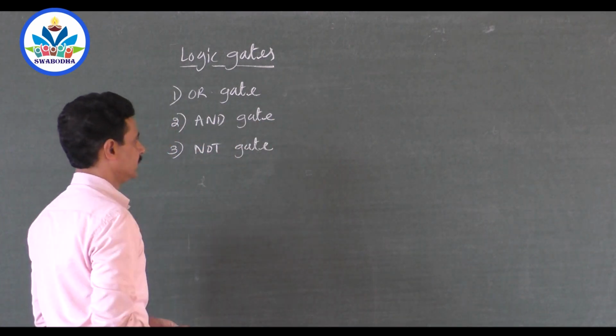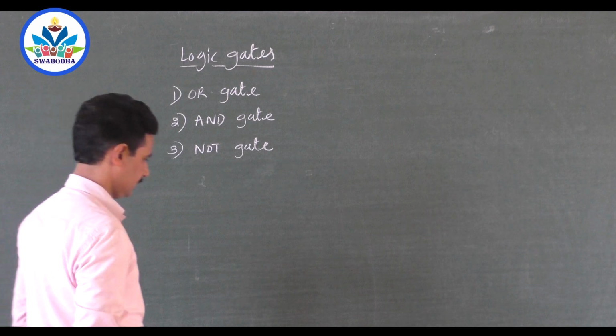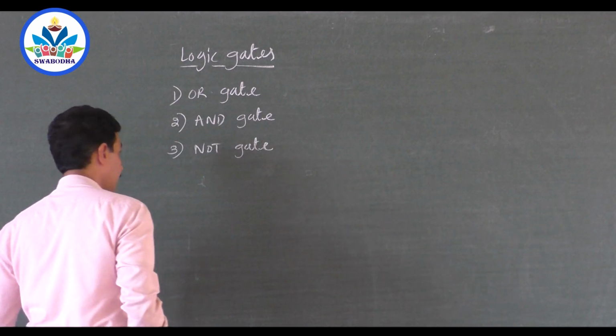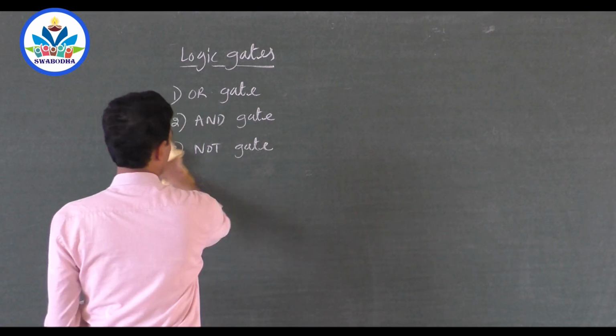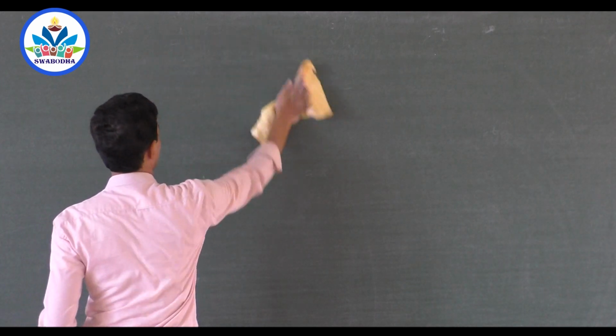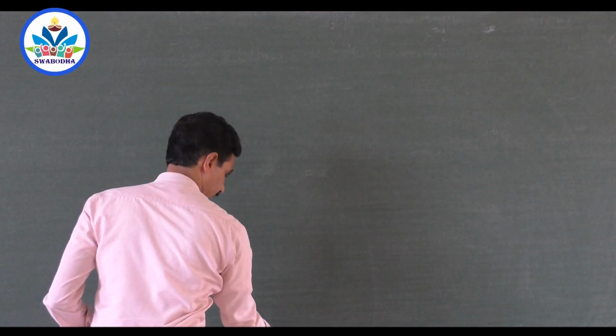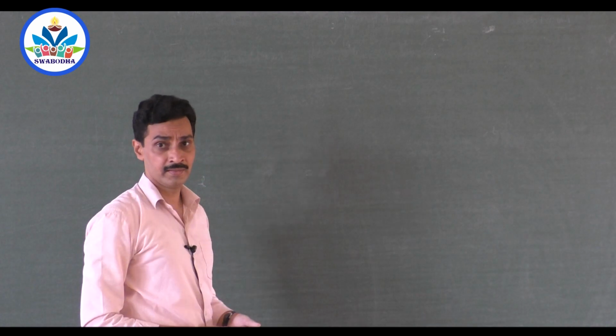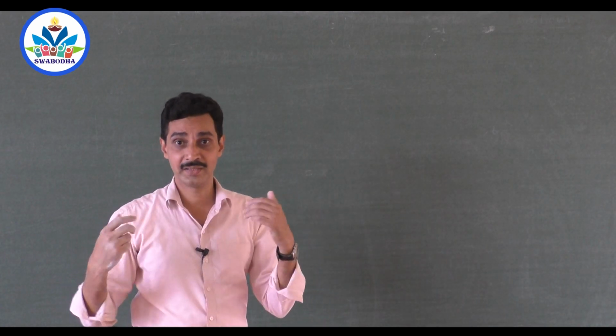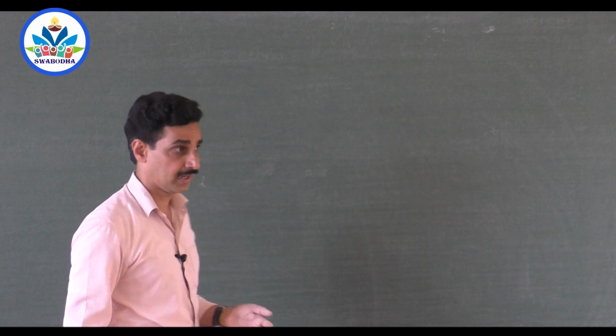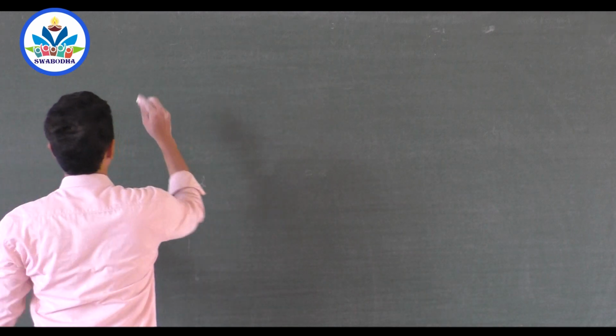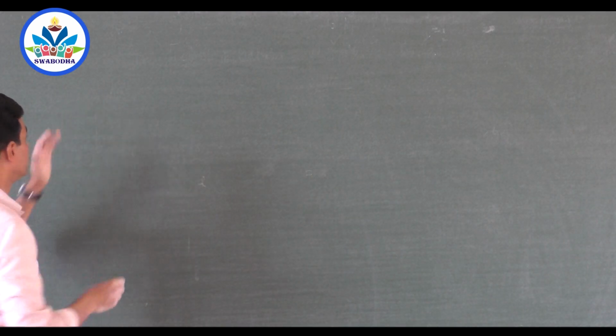So one by one we will see. We will revise the OR gate, the AND gate, and finally we will go to the NOT gate. We have realized them in a circuit, and I have given an electrical circuit to remember it, but it is not the actual logic circuit that we have inside the computer. We will use the full board today.